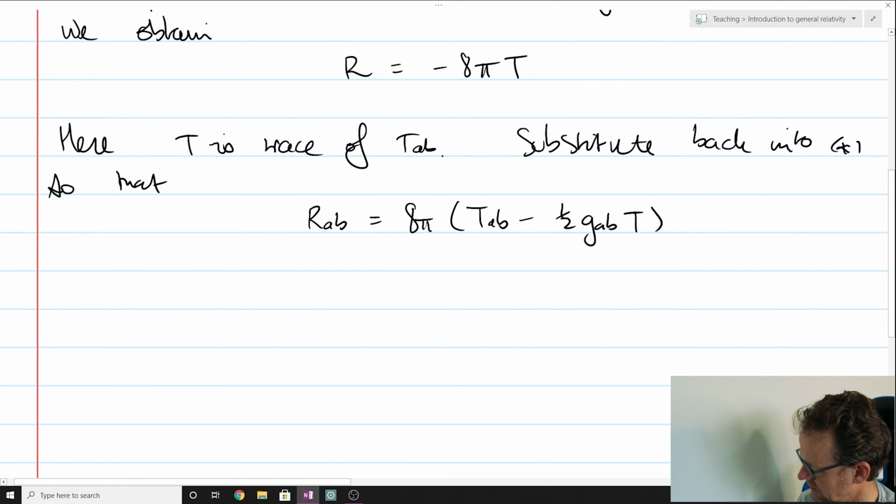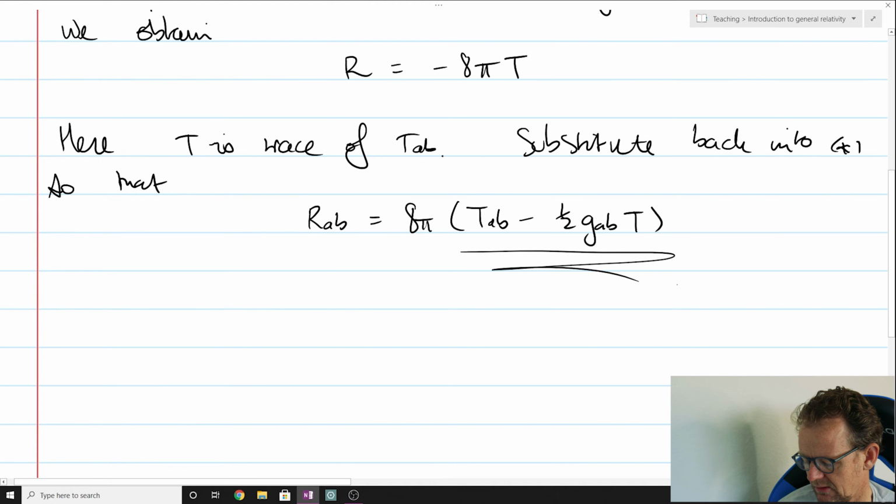So this second equation that I've just derived looks very much like, but there'll be lots of warnings about this as we go through the course, it looks very much like the right hand side is just matter stuff, energy, matter, stress, etc. And on the left hand side there's geometry.